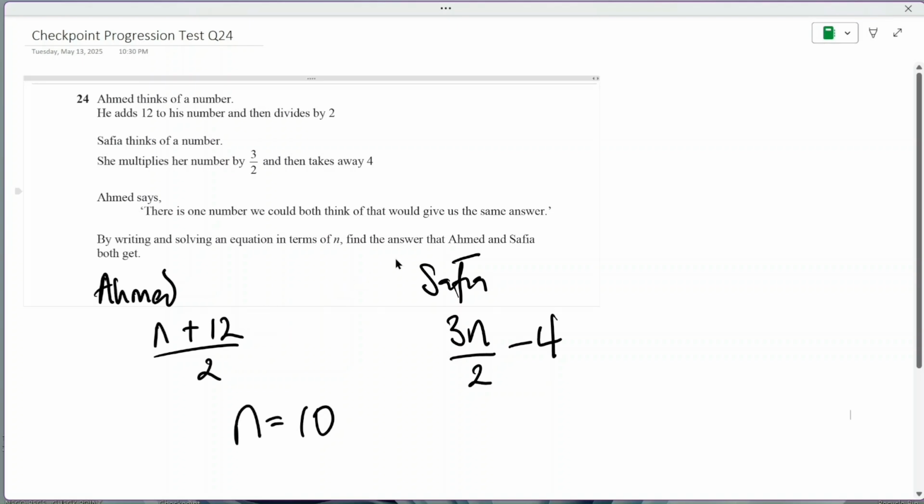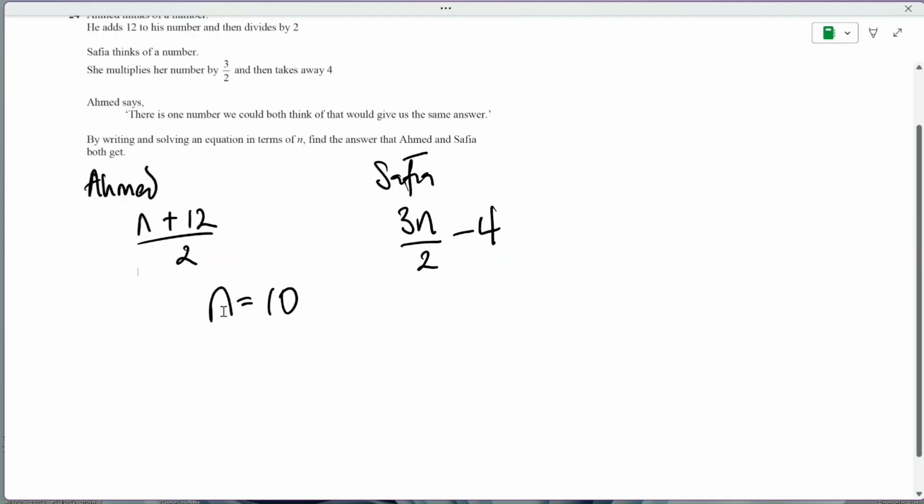We will have to find the answer that they will both get if they both use 10 to solve their equations. And you know, for Ahmed, it's the number plus 12 over 2. And for Sofia, it's multiplying the number by 3 over 2, then subtracting 4. So the answer we get for Ahmed should be the same answer we get for Sofia.